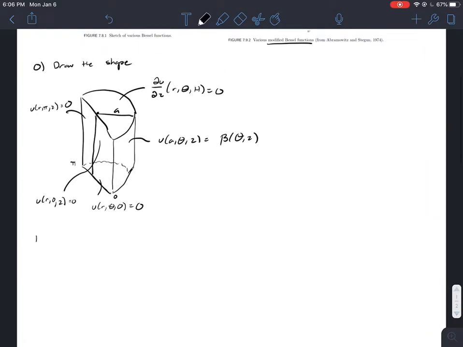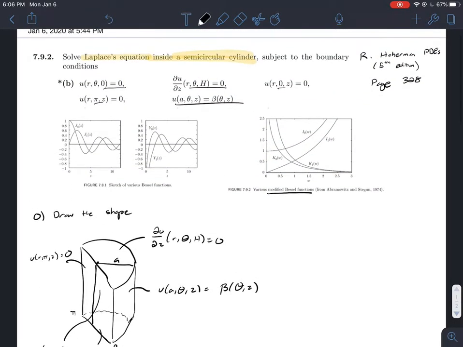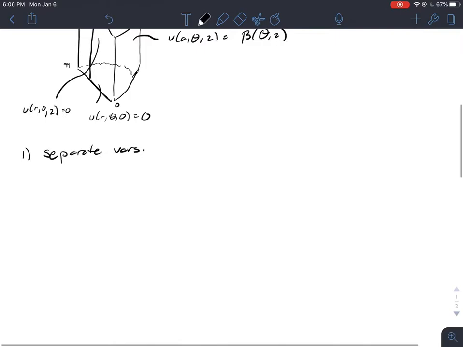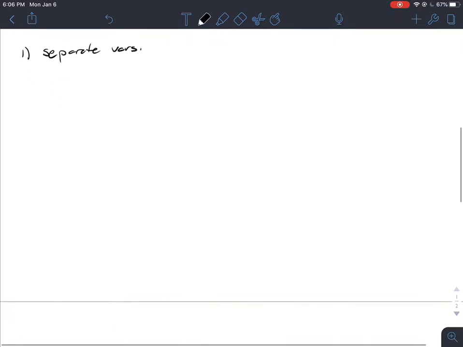So now step 1 is to separate variables. Unfortunately, we're not given the Laplacian, so I guess we'll just go about and do all the steps out. We know that the Laplacian of u is equal to 0.